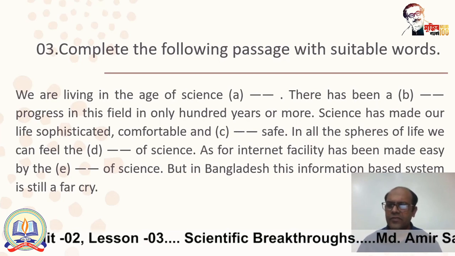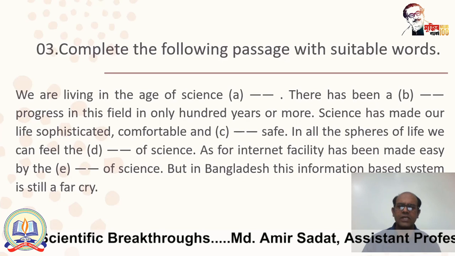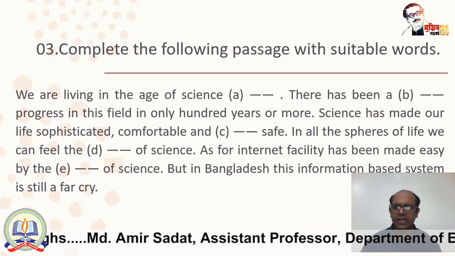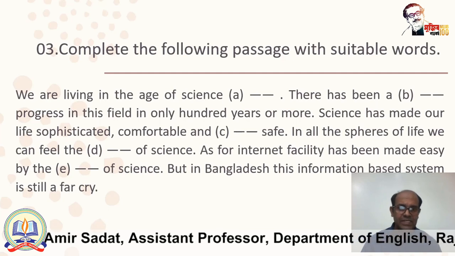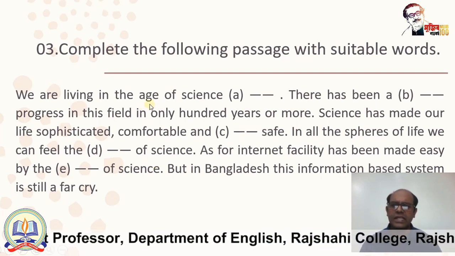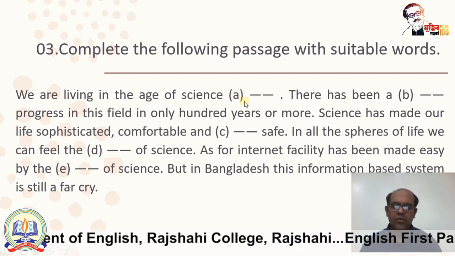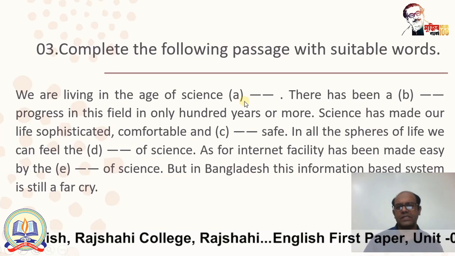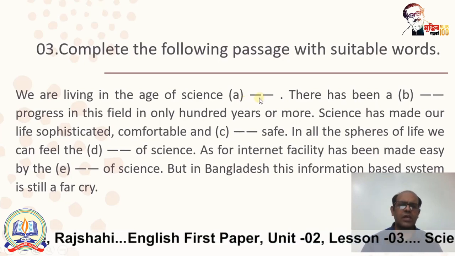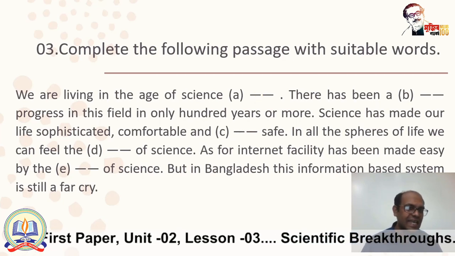We are living in the age of science gap A. So in gap A, you may write today, or you may write at present, or you may write now. So we are living in the age of science today, or now, or at present. So for each gap you can use many options which fit the gap.